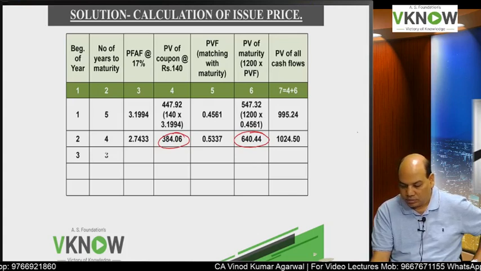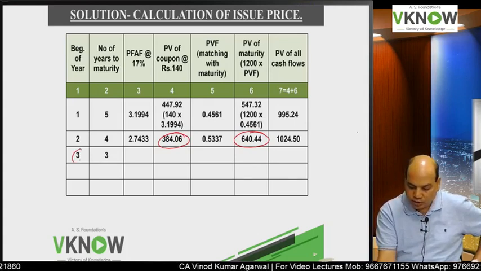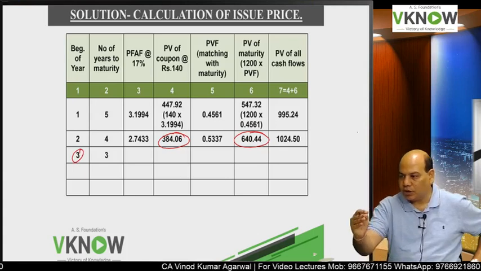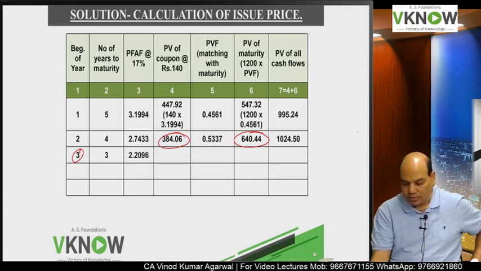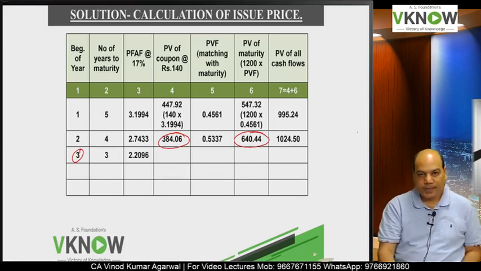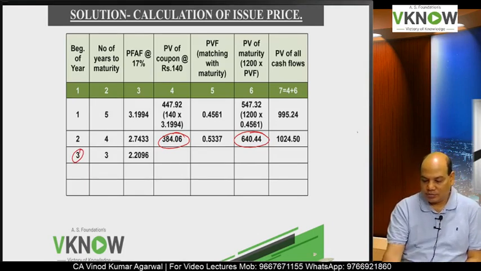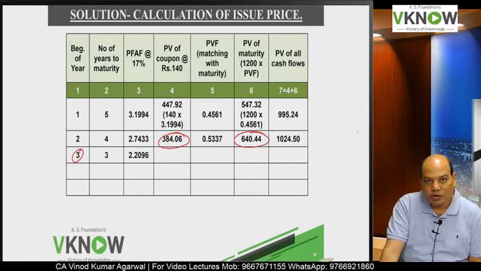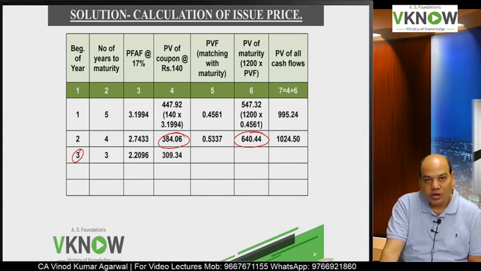Then year 3. The number of years remaining is also 3. Beginning of year 3 means years 3, 4, 5. 3 years are remaining. Write down the factor 2.2096, multiplied by 140. 309.34.